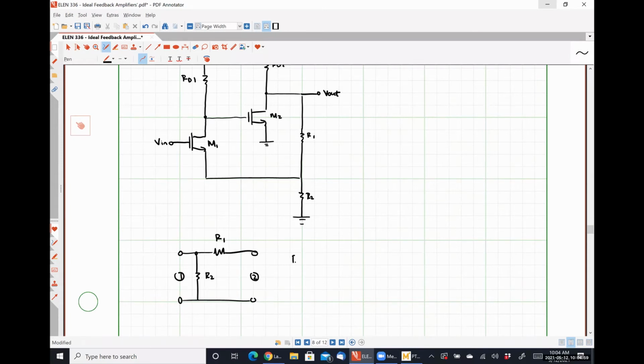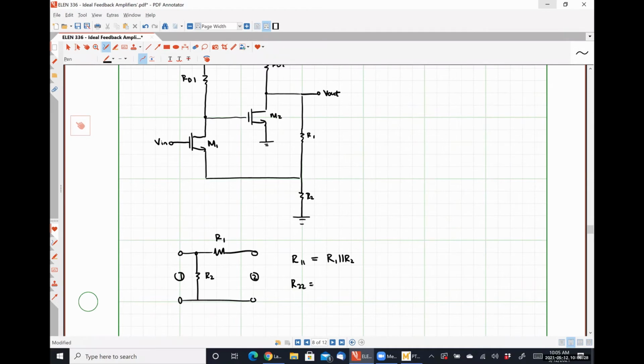So what is my loading resistance R11 going to be? Again, that is looking into port 1 with port 2 short circuited. They're still in parallel. It's the exact same feedback network as we had before. So R11 is R1 in parallel with R2.